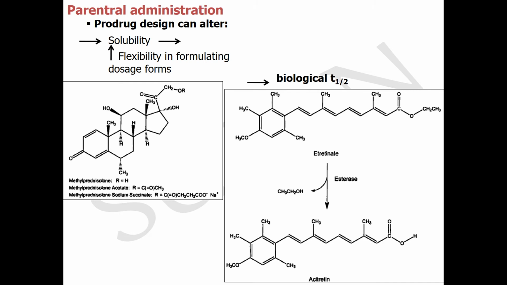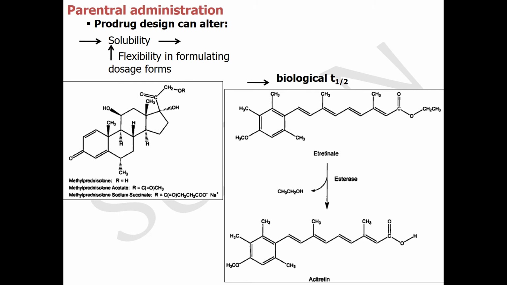So you can make advantage of changing solubility in flexibility of dosage form to be used in different uses. For example, methylprednisolone as itself can be used orally in tablet form.